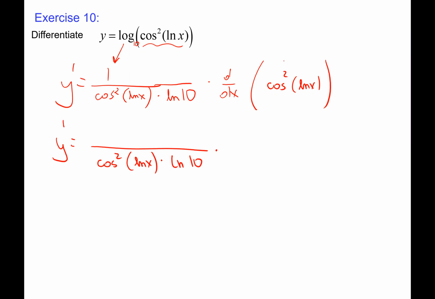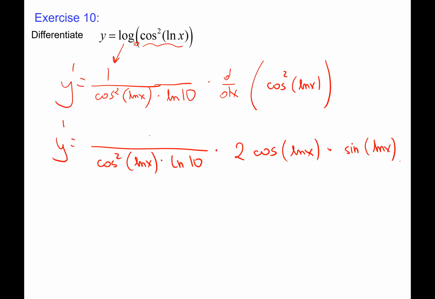Now, derivative of cosine squared. Like derivative of a quantity squared, say x squared, the derivative is 2x, 2 times the quantity. That means the derivative of cosine squared is 2 times cosine of ln of x. Follow the chain rule: 2 times cosine times the derivative of cosine. Derivative of cosine is negative sine of the same angle.